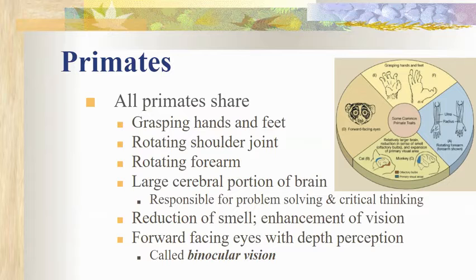So primates rely more on their vision than other traits. And they have forward-facing eyes, which gives them depth perception. That's called binocular vision, or the ability to see in 3D, so you can determine the relative distance of things, what's closer, what's further away.